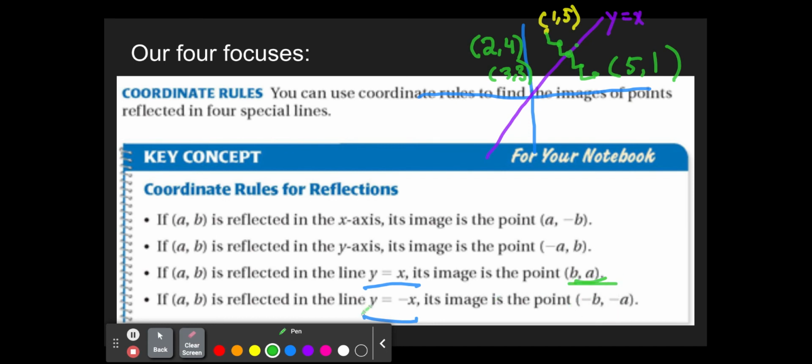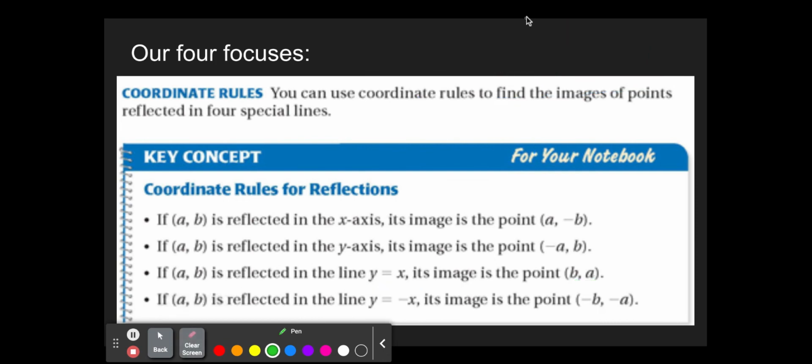And then it's the same if you're doing y equals negative x. You turn them around and you make them the opposite. Which kind of makes sense, because if you're going this way, if I'm over here, I'd reflect onto this side.